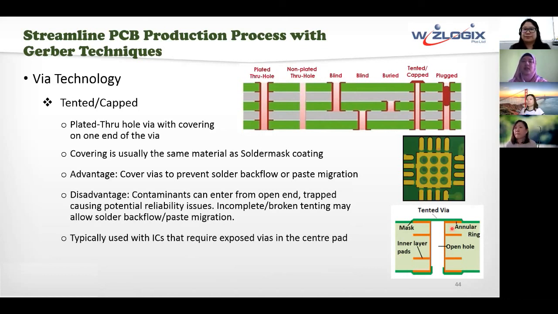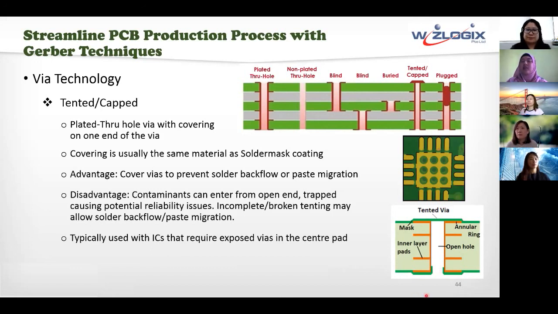Okay, so the typical use would be something like your IC. If, let's say, you have an exposed thermal pad in the center, and you do not want solder to run to the other side or backflow to the other side of the board. You just want to keep solder in this area. So we add via tenting to prevent any solder backflow. But the disadvantage is because it's exposed on one end, any contaminants can enter from this side.